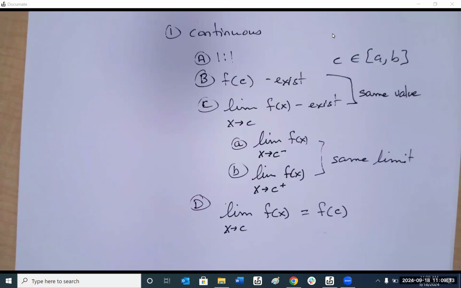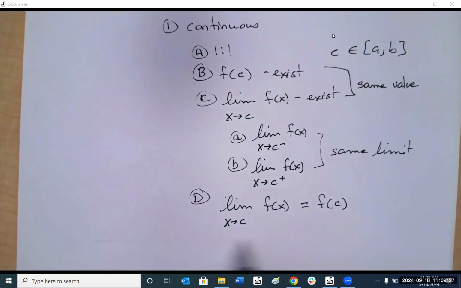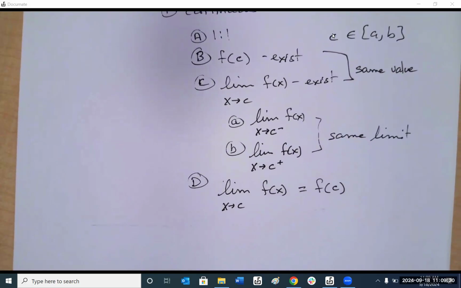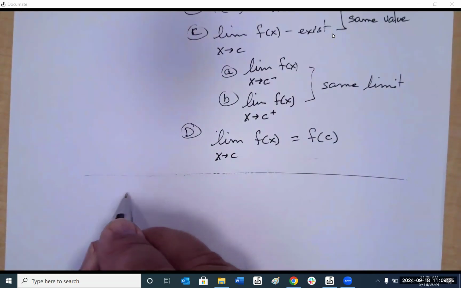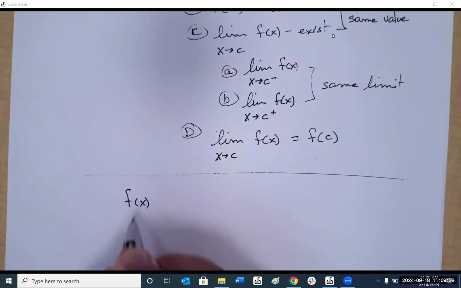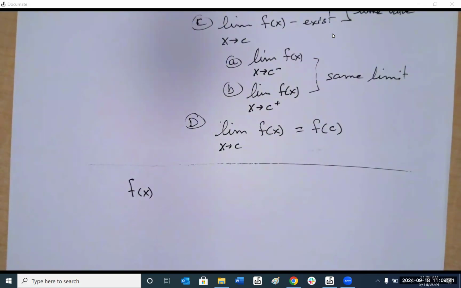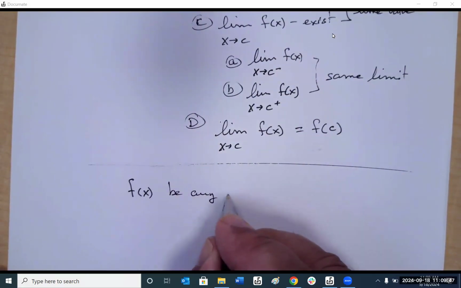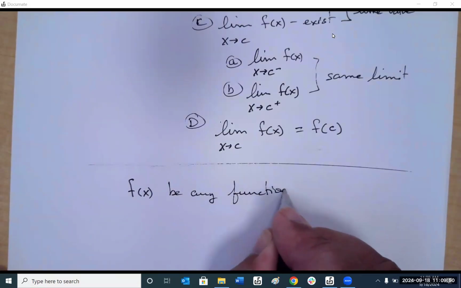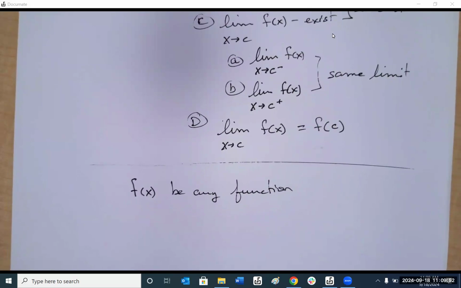If it's continuous, then it's differentiable, which tells us that a slope exists at every point inside the domain. So let f of x be any continuous function.